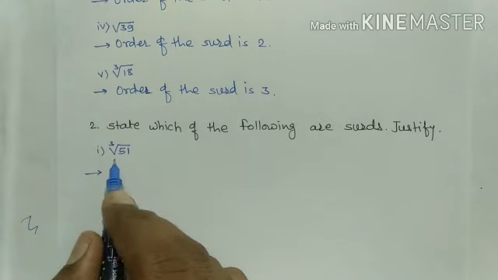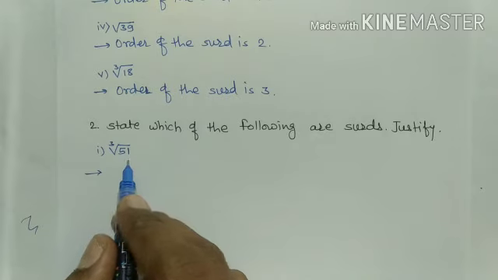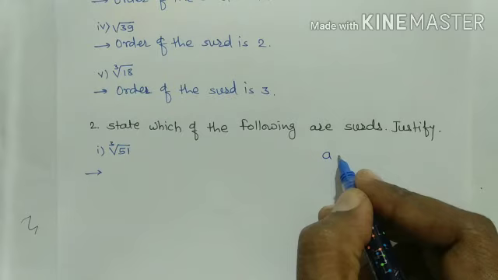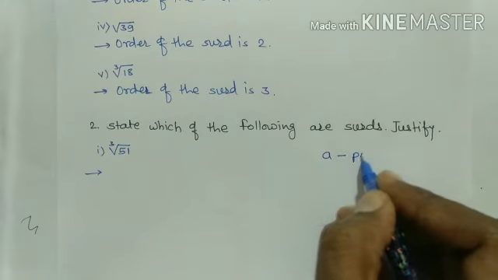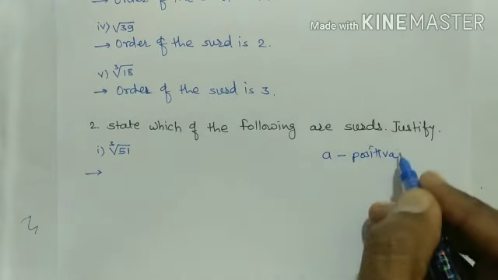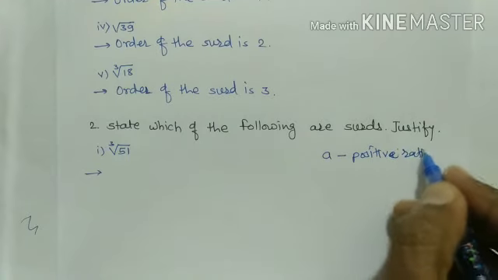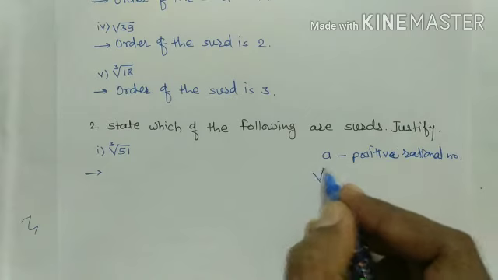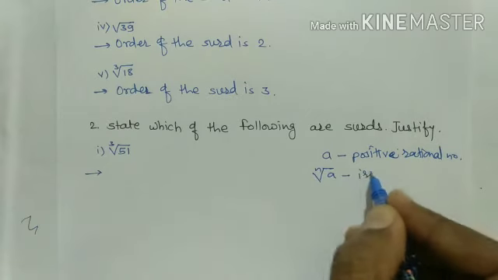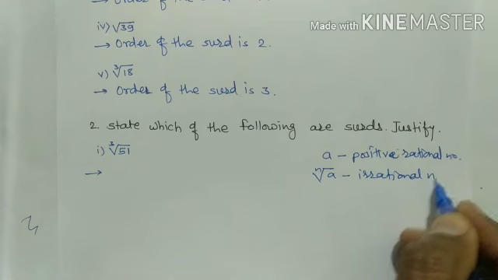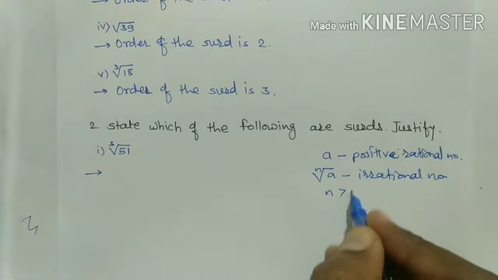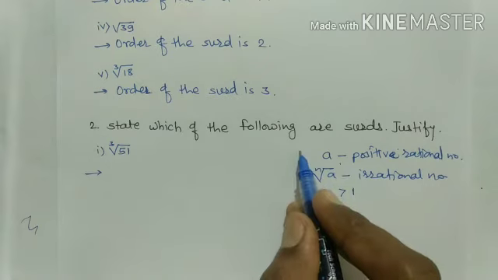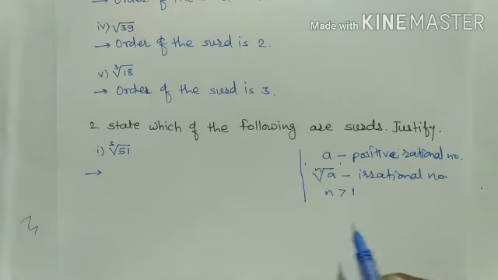Here the first example is cube root of 51. आता सर्ड कुठली असते तर see, if a is any positive rational number, and nth root of a is an irrational number. Here n is greater than 1. Then this nth root of a is an example of surd.